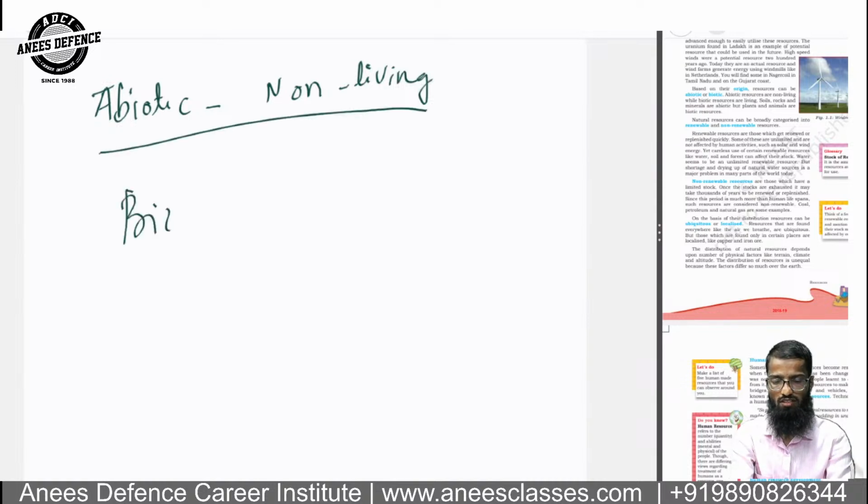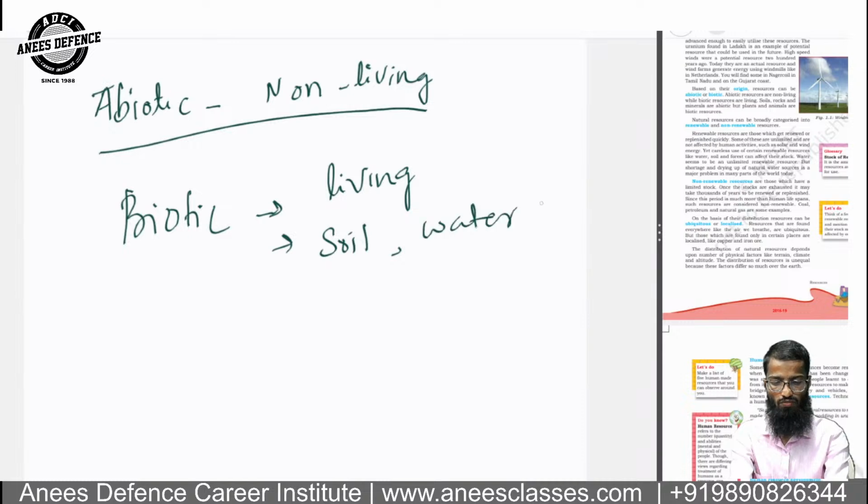Biotic things actually are what? Living. So it is as simple as that. For example, abiotic factors are soil, water, wind, right? Okay, soil, wind, etc. are abiotic things.